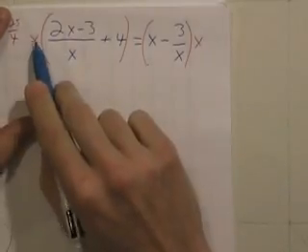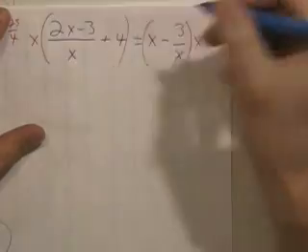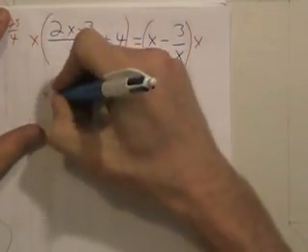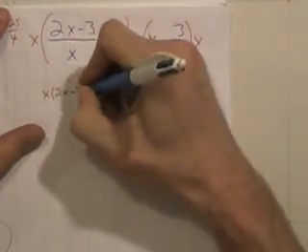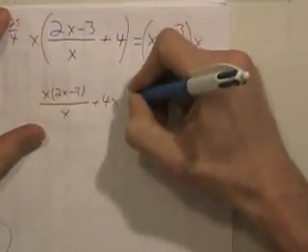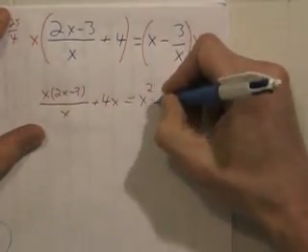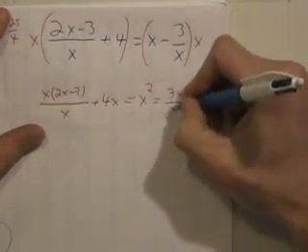Now when I distribute this x to this term, what I will initially get will be x times 2x minus 3 over x plus 4x. And on this side, when I distribute this in, I'll get x squared equals 3x over x.